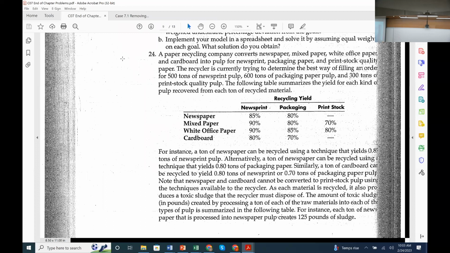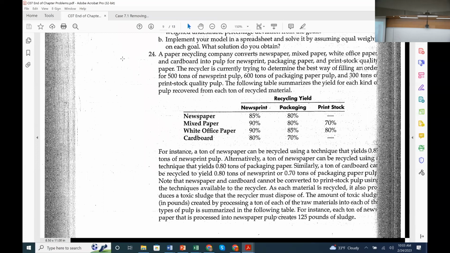We have an order for 500 tons of this, 600 tons of this, and 300 tons of this. So there's going to be a sum down the columns, and we have to produce at least that much. A little bit like a make versus buy, minimum cost way of meeting demand.